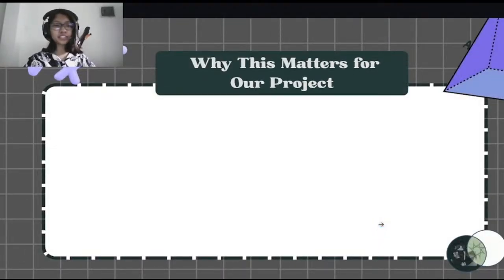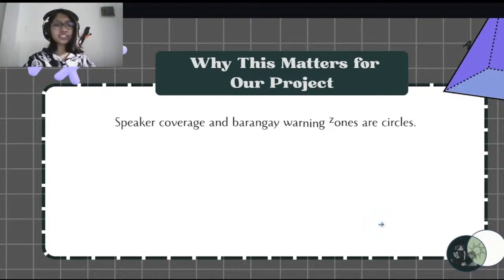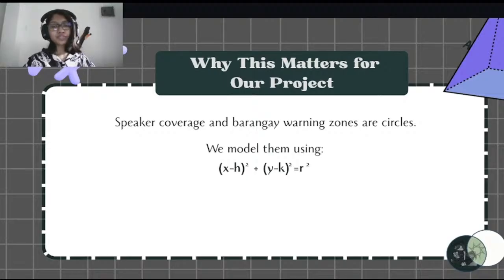Why this matters for our project? Now you can see why learning the circle equation is important. The speaker station coverage and the barangay zones are both circles, which we model using the standard equation of a circle: quantity x minus h squared plus quantity y minus k squared equals r squared.